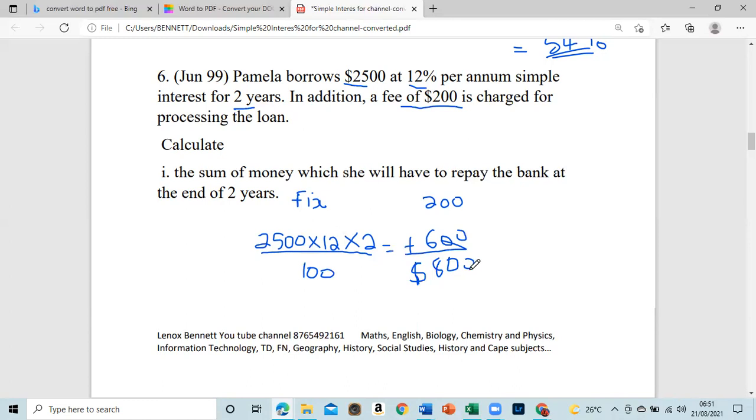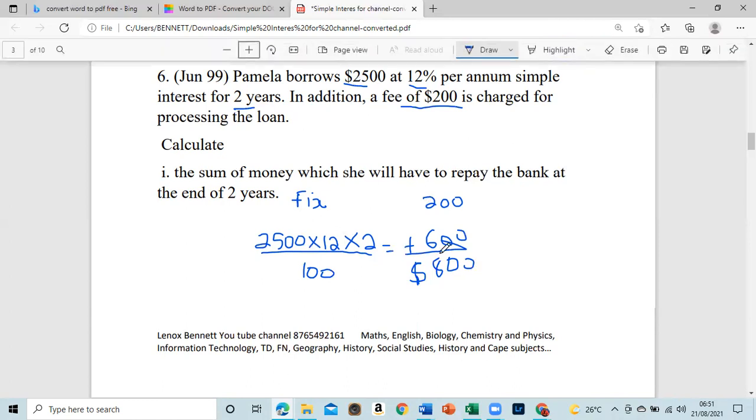Guys, she actually has to repay the 2.5, you know, with an additional 600. So this is the interest that she paid.